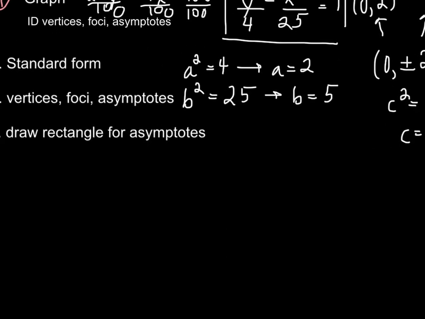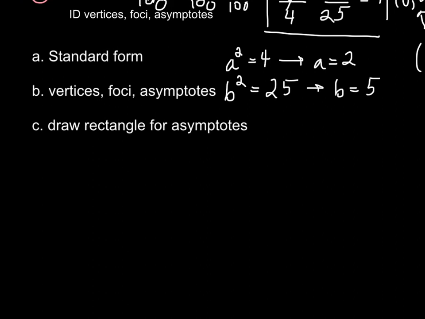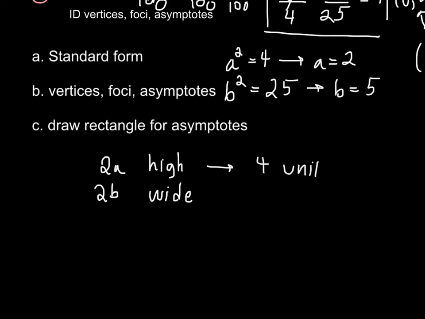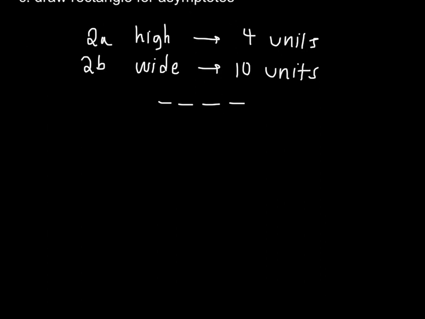Finally, we're going to draw a rectangle for our asymptotes. The rectangle has length 2a and width 2b, therefore we have 4 units and 10 units.